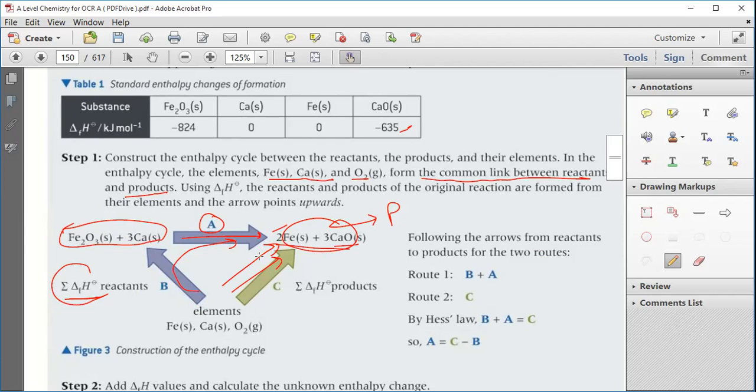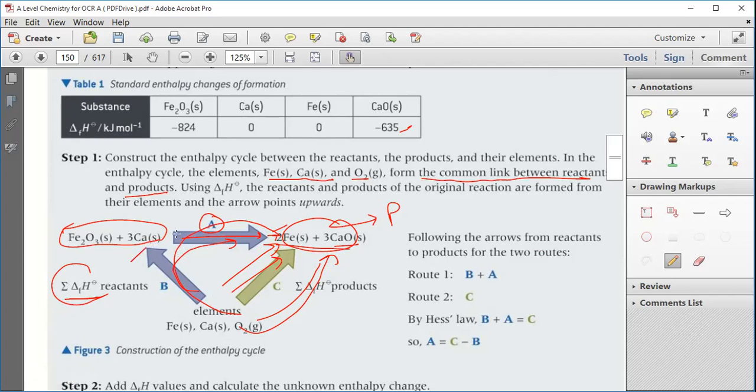Now, as per Hess's law, B plus A is equal to C. Whenever there is a change from this to this, the change is this. This change, we have taken that long path, then it is a shortcut. So it states that whatever is done, the energy will remain the same. Is that clear?